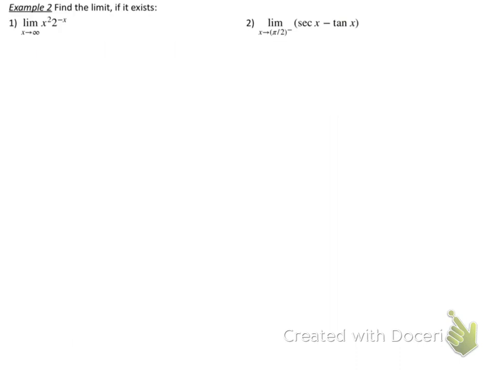Okay, more computation. The first one: the limit as x approaches infinity of x squared times 2 to the negative x. As x approaches infinity, x is really large, so x squared will be really large.